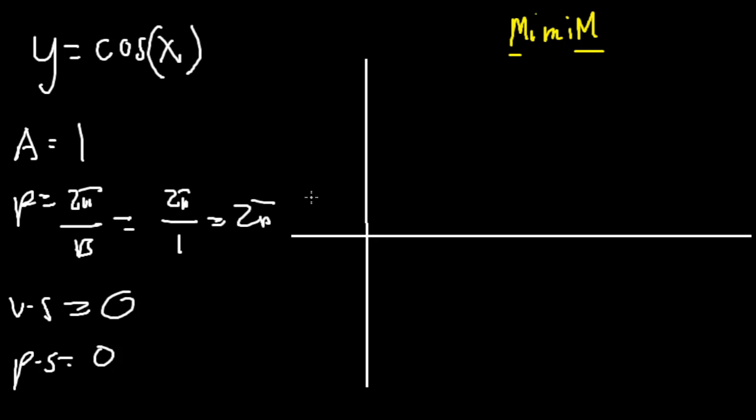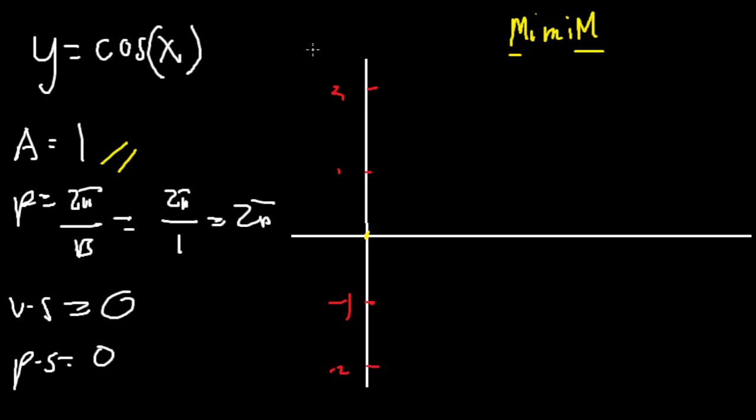Now, let us find the maximum and the minimums. Since ang vertical shift natin ay 0, mag-start ulit tayo sa 0. Then ang amplitude natin is 1. We need to go up and down 1 unit. Sulat ko lang: 1 and 2, negative 1, negative 2.